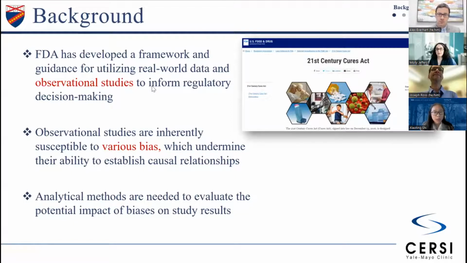However, we all know, and I believe it's also mentioned briefly in one of the chats, that observational studies have inherent limitations to various biases, which can largely impact their ability to infer causality. Therefore, analytical methods are needed to help understand the impact of biases on study results to help us evaluate the validity of the study findings.